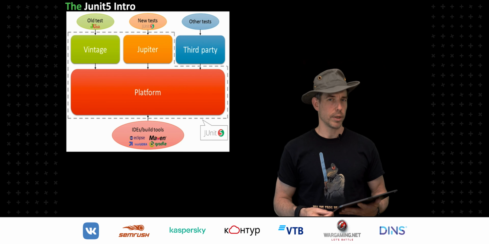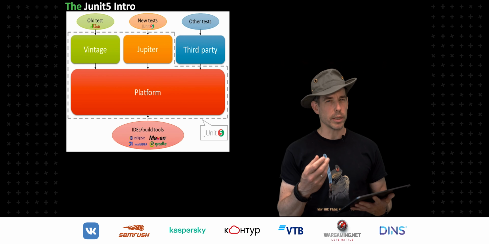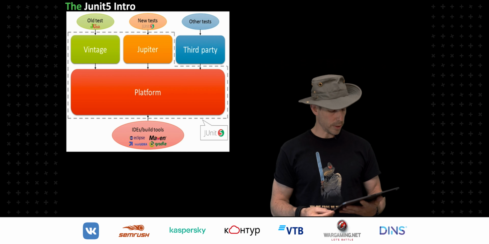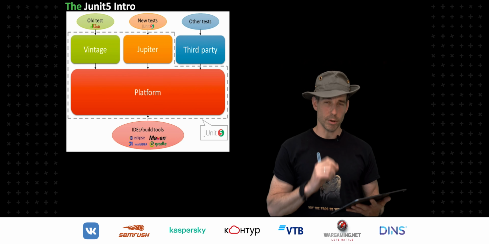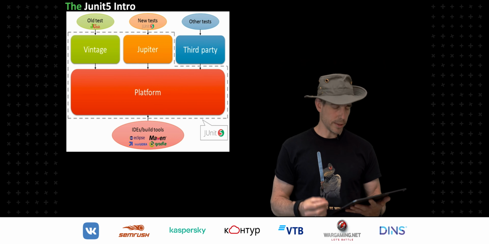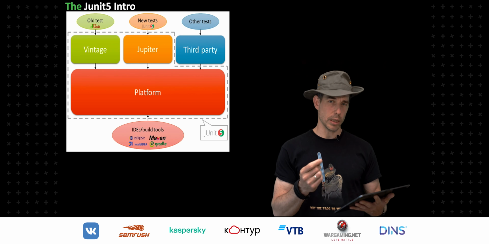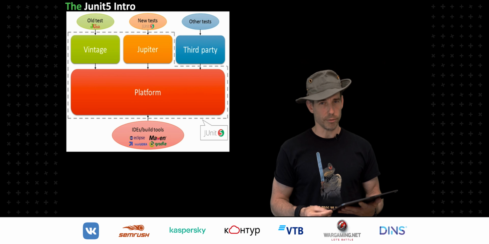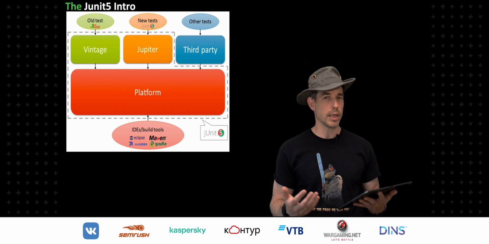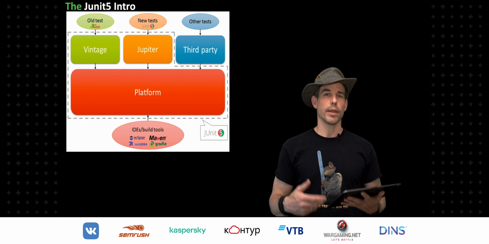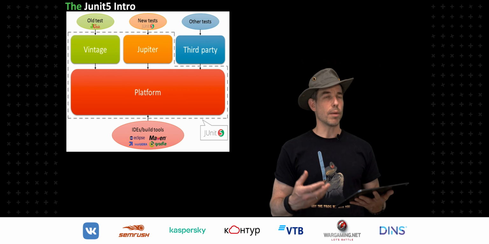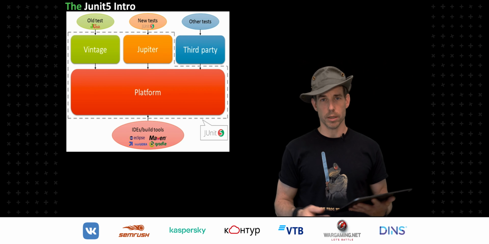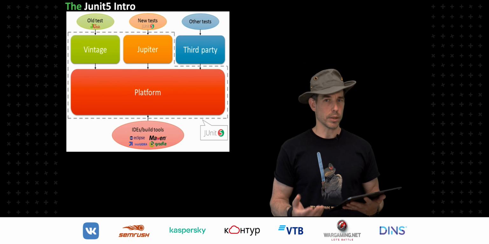But if you're looking a little bit more in detail at this tiny thing, or if you're analyzing the behavior of these different tools, you will see that the behavior between Maven and Gradle, even if you're running the same JUnit5 version with the same amount of tests, is a little bit different, because there are changes or differences in the way they are managing class paths and the class loading.